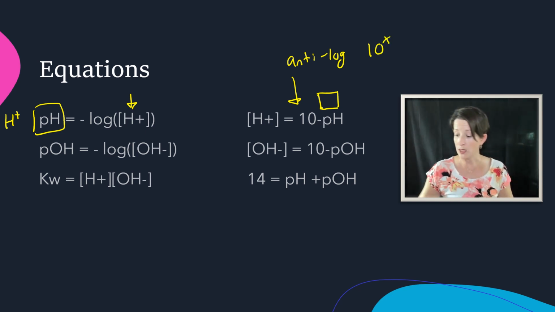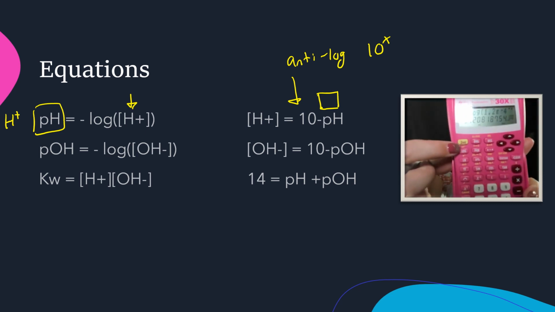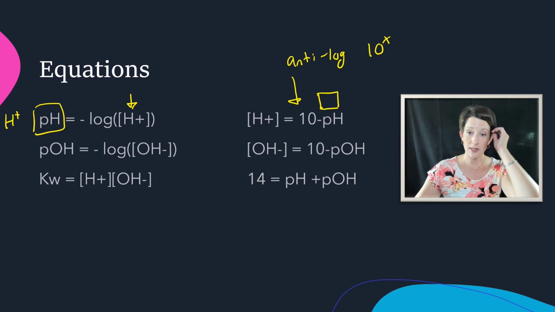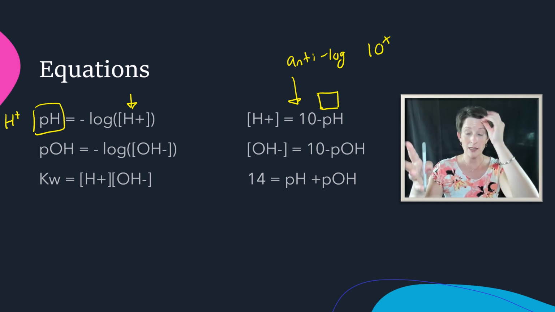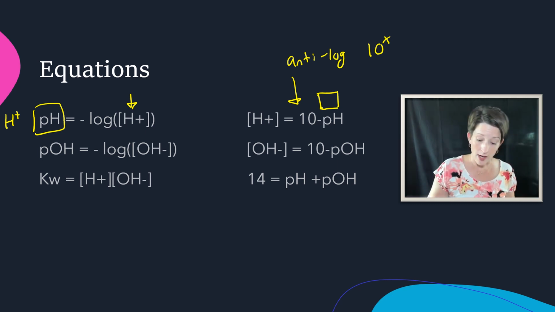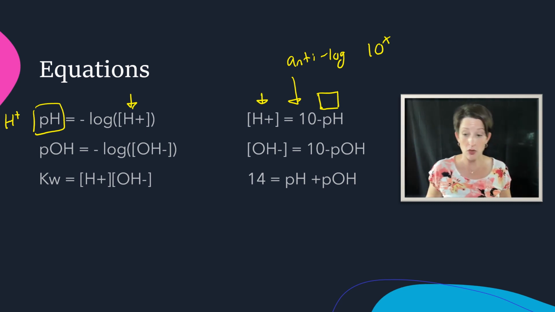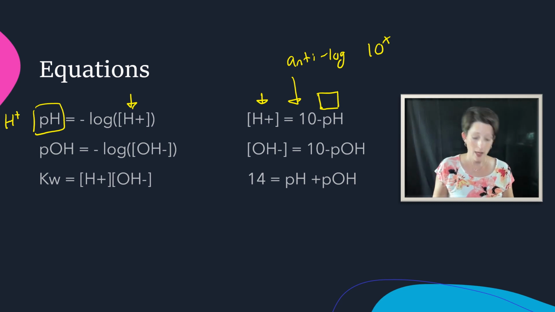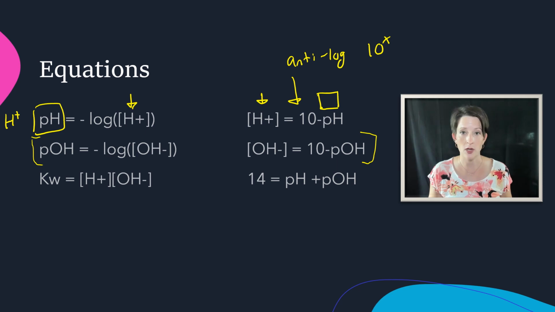It's going to be right above the log button on your calculator. So you want to use that 10 to the x. You do not use 10 caret. It does not mean the same thing. So this brings us out of the base. Essentially it's taking the pH and turning it back into that exponent value. All right, so we can take that pH and figure out the actual concentration so we can make changes to the solution as necessary. The same process works if we are working with our hydroxide ion concentration.